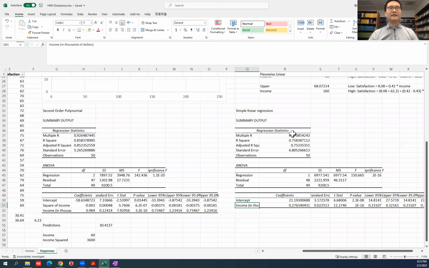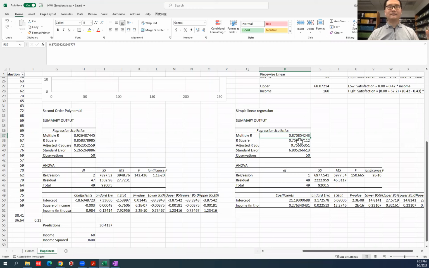So we see that compared with the second order polynomial model that has one additional predictor, a simple linear regression model that does not have this second predictor has a lower multiple R squared and also lower multiple R. That's the correlation coefficient between the predicted and observed dependent variable, right?